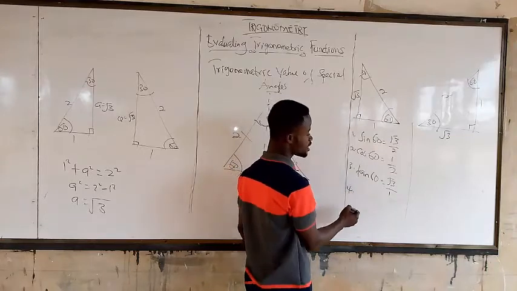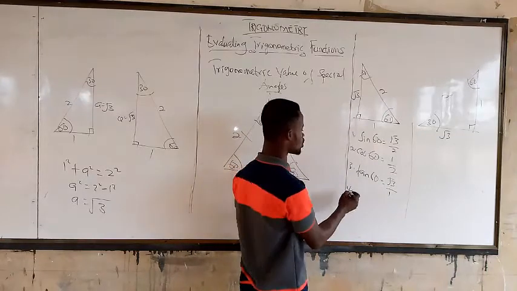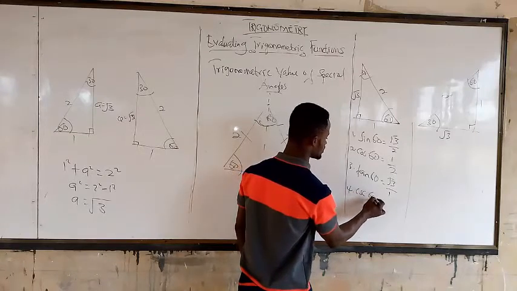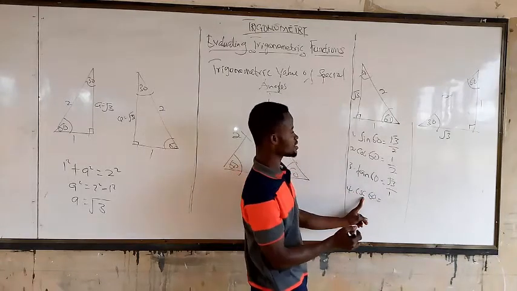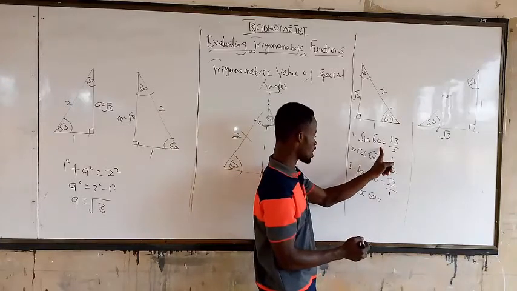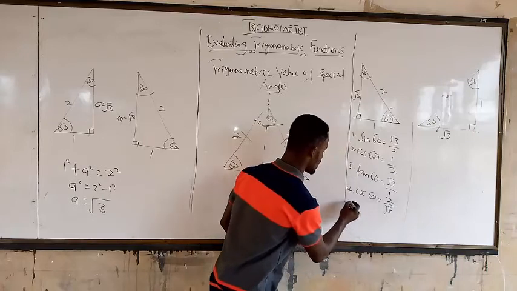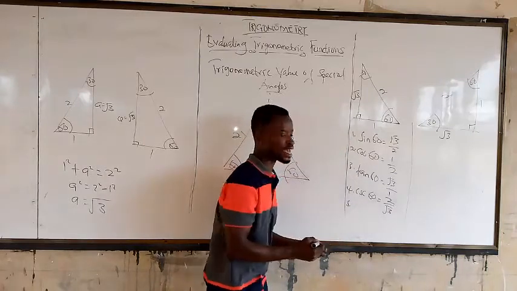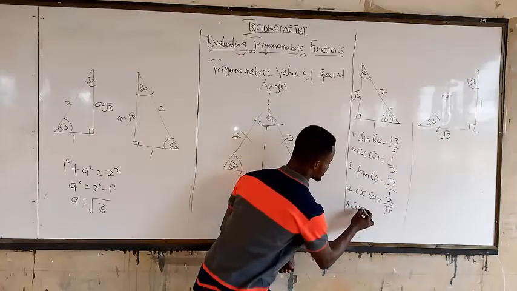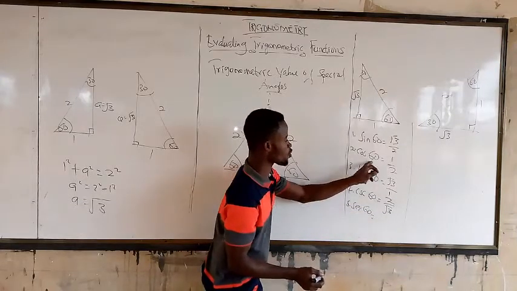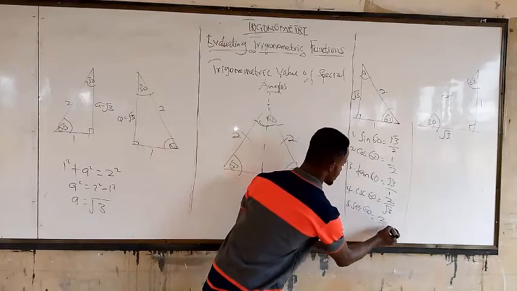So here we just get that. Next is the reciprocal identities. Let's go for cosec 60. Cosec 60 is going to give you the reciprocal of this, so we get 2 over square root of 3. Sec 60 will also give you the reciprocal of cos, so here you get 2 over 1.